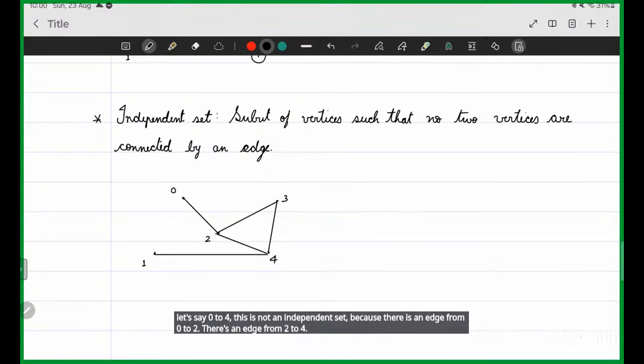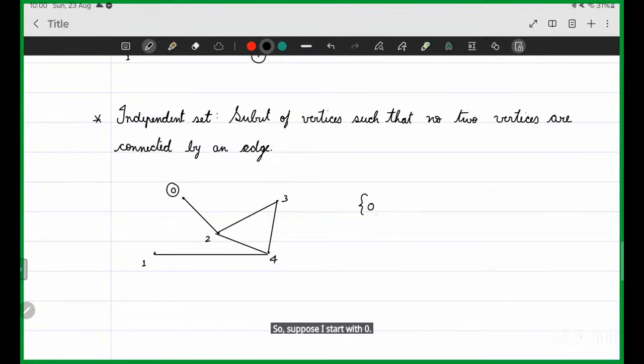So suppose I start with 0. I cannot put 2 in there. But I can put 3. Then I can put 1. This is an independent set.